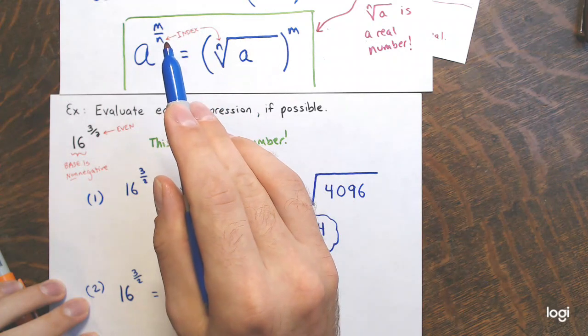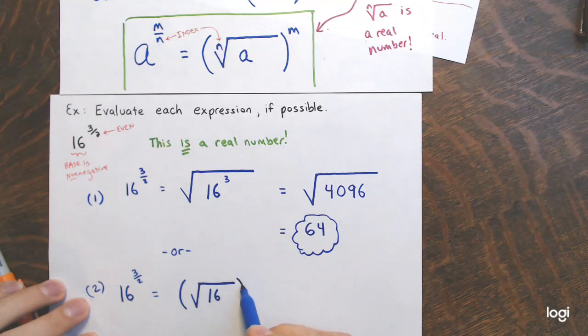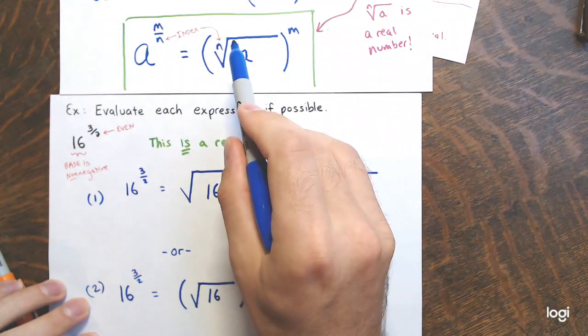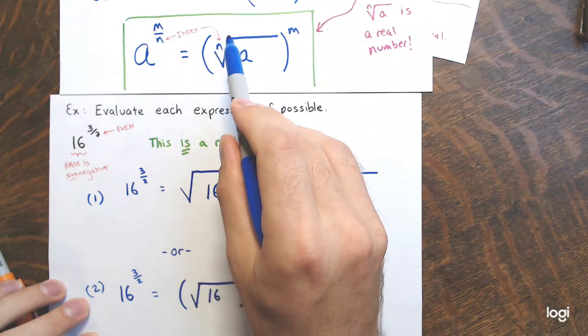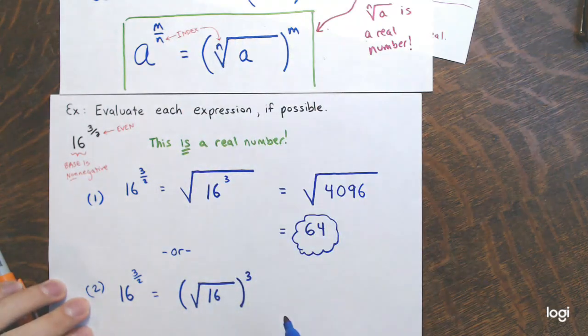Again, the index is the denominator. It's 2 here. So take the square root of the base. Take the square root of 16 first, and then raise to that numerator power on the outside. This is the nth root of a, to the m, where the denominator is the index of the radical, and then the numerator is the power on the outside.